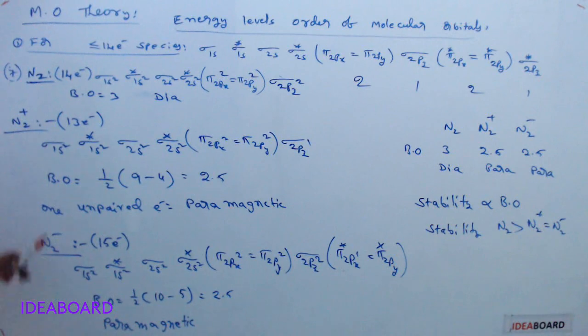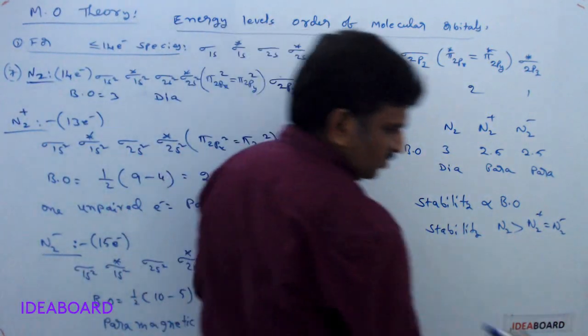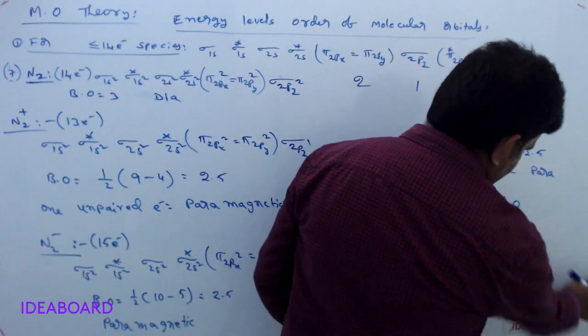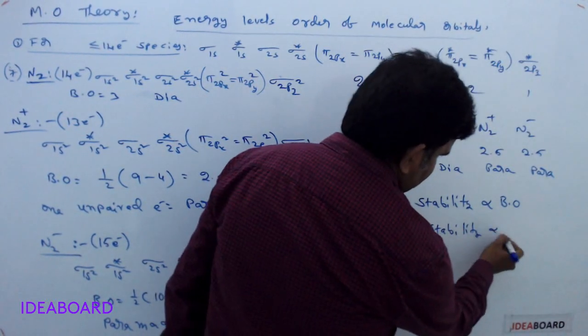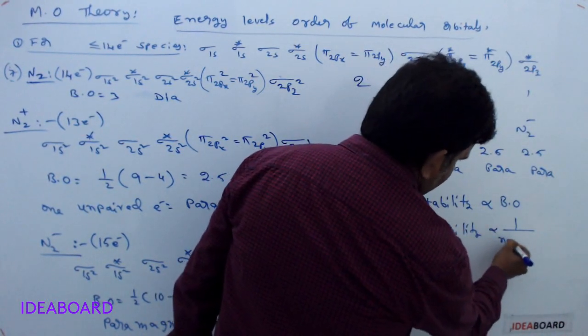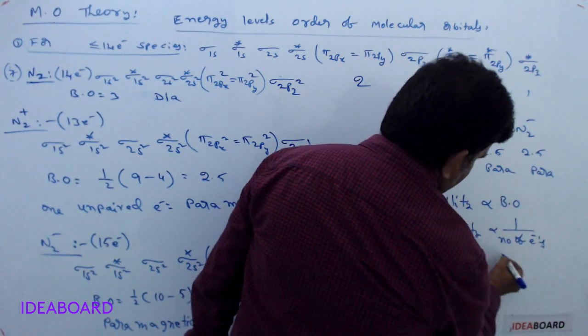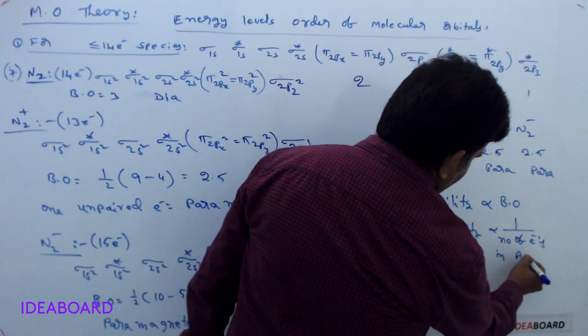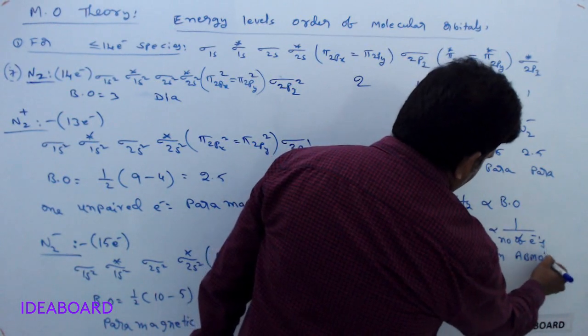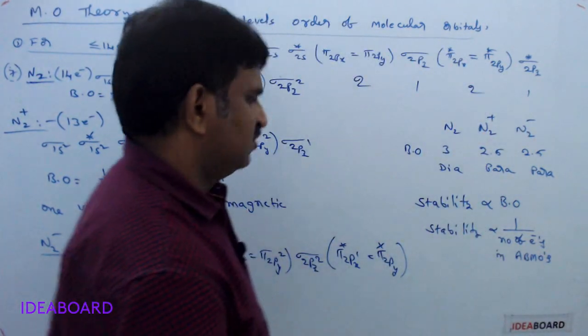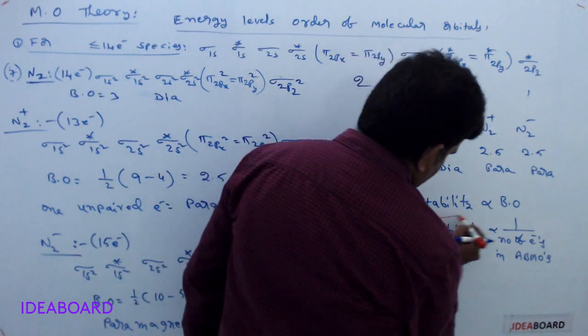Here see, stability also depends on one more factor. It is inversely proportional to the number of electrons in anti-bonding molecular orbitals. Very, very important.